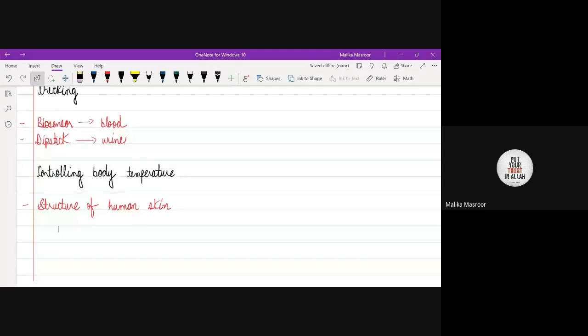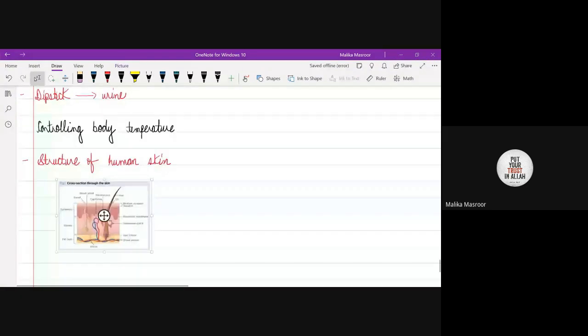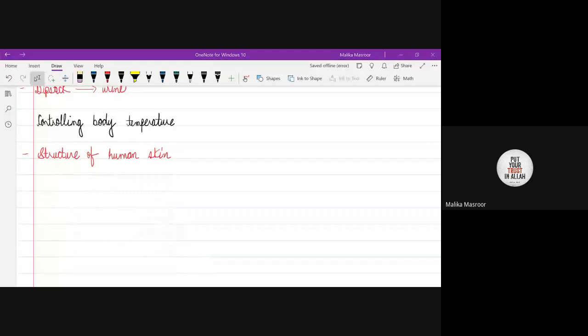This is what your human skin looks like. Why is it so blurry? Wait, I'll copy it again.